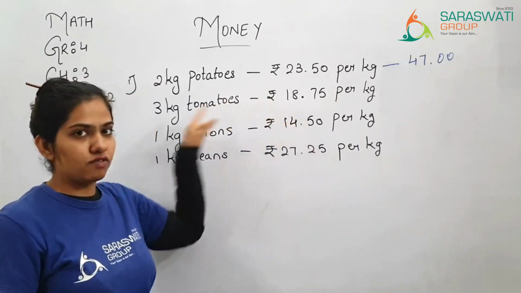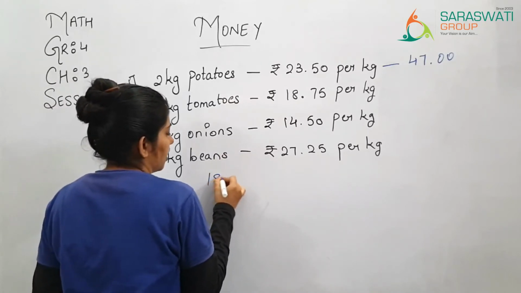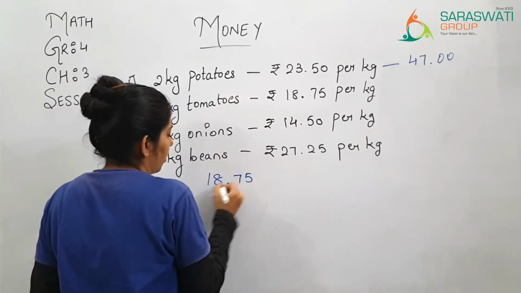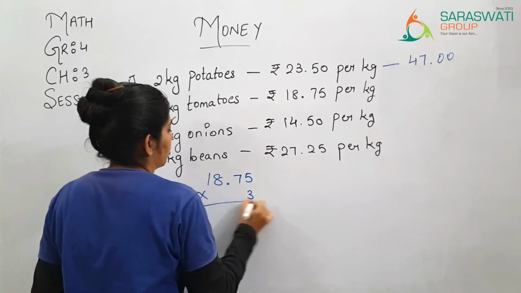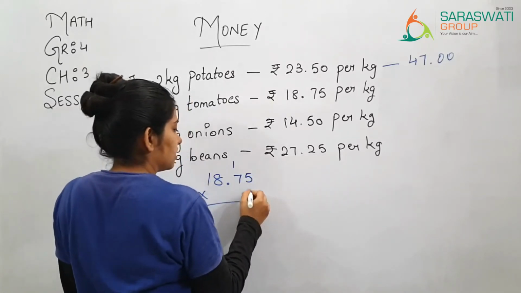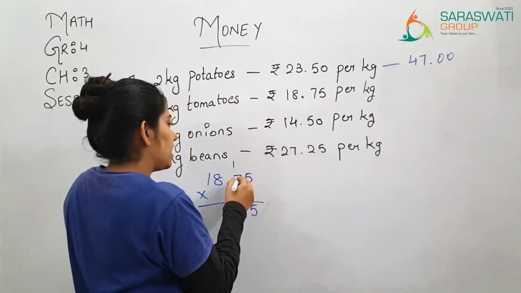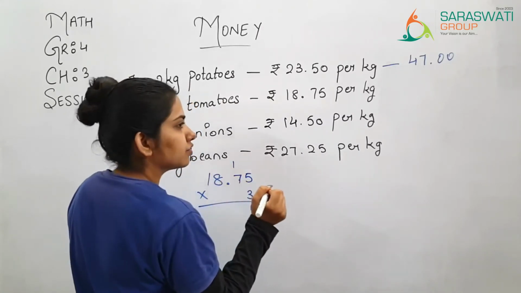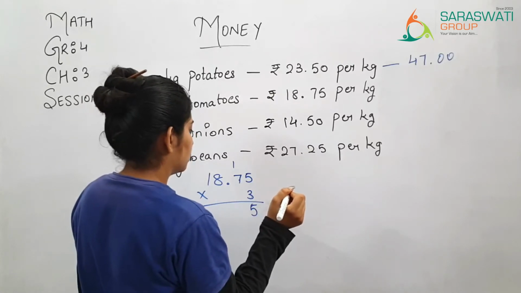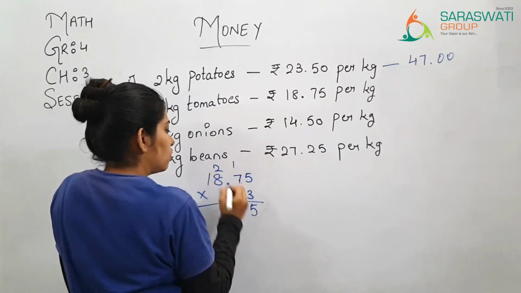Now in the same way, she is buying 3 kg tomatoes and the price for 1 kg tomato is this much, and for 3 kg how much? So 18.75 into 3. 5 threes are 15. 7 threes are 21 and 1, 22.